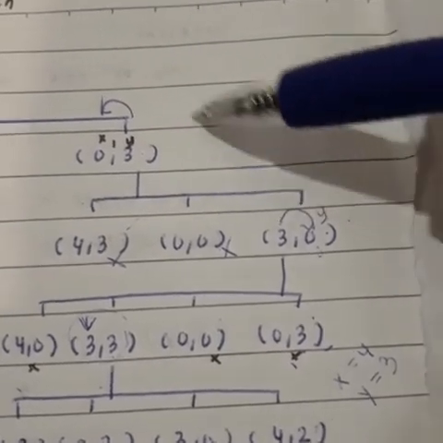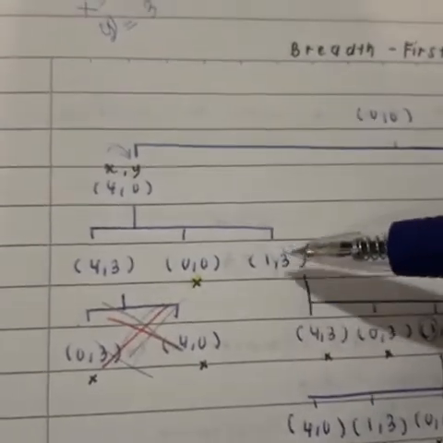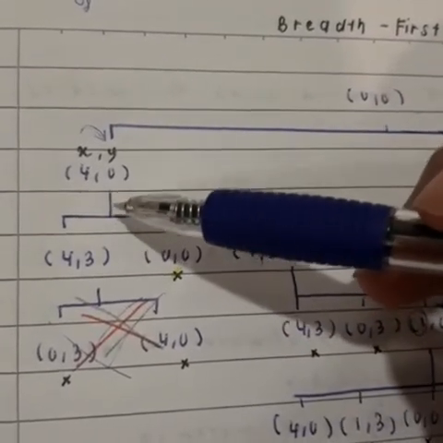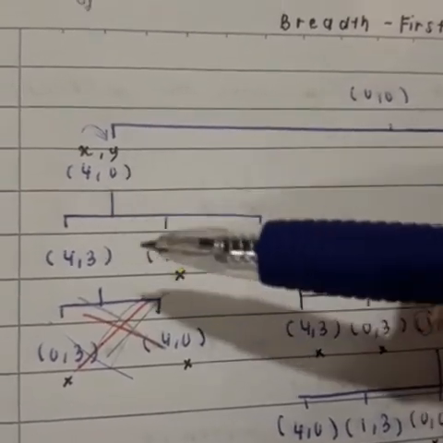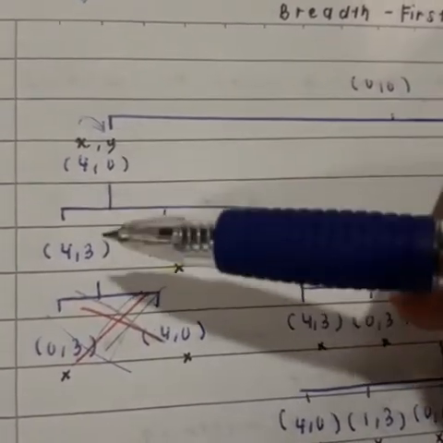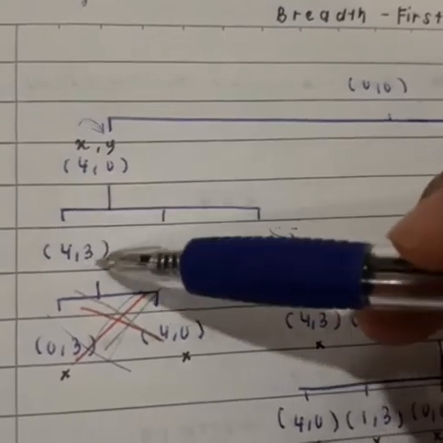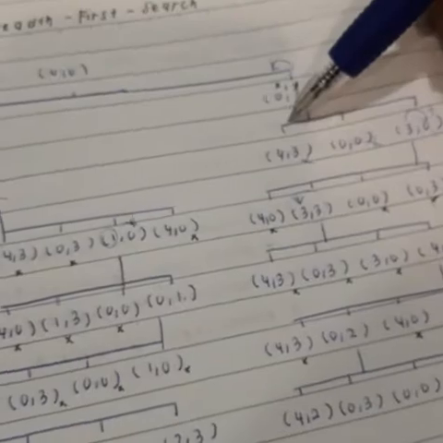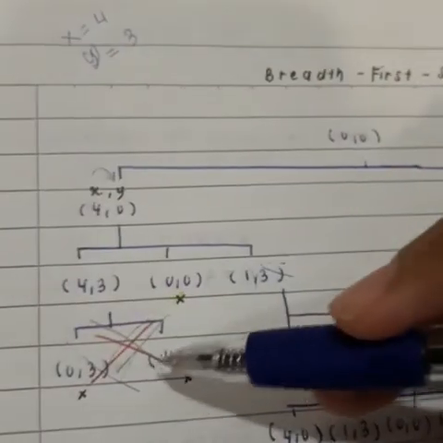Now we move to the left side. Always remember the part that we already did, we do not repeat again, because you would repeat things over and over. So we know that 4, 3 we already did, in this part, so we don't need to do it again.